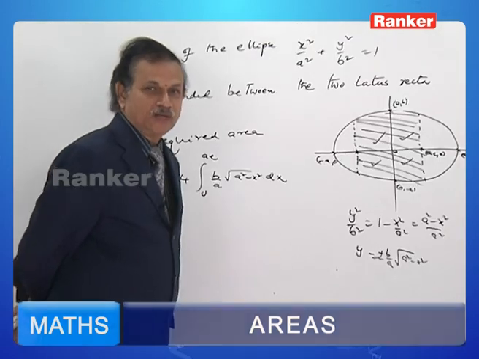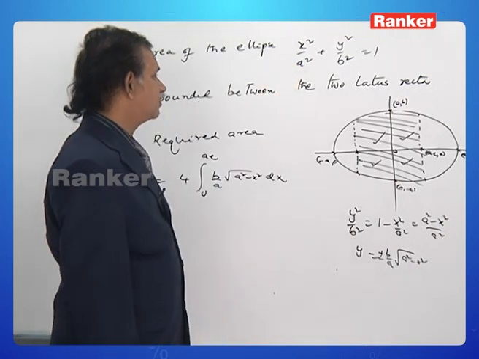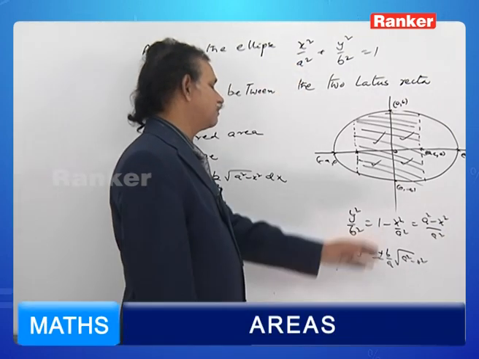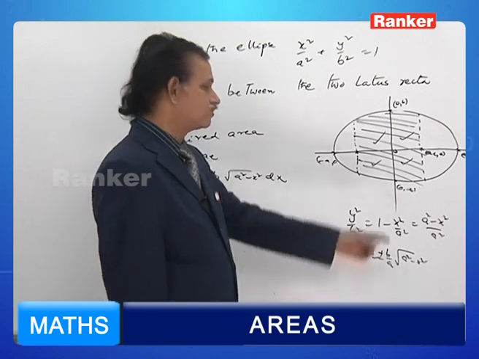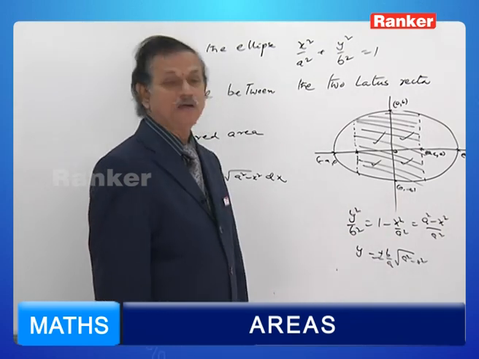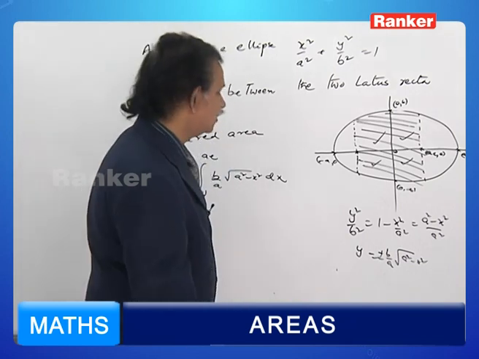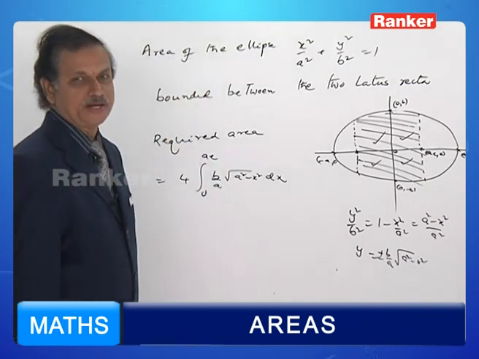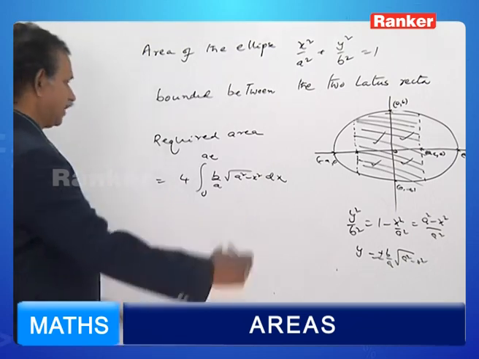Isn't it? x square by a square plus y square by b square is equal to 1. So y square by b square is 1 minus x square by a square. It's nothing but a square minus x square by a square. So y square is equal to b square by a square into that, or y is equal to plus or minus b by a into root of a square minus x square dx.